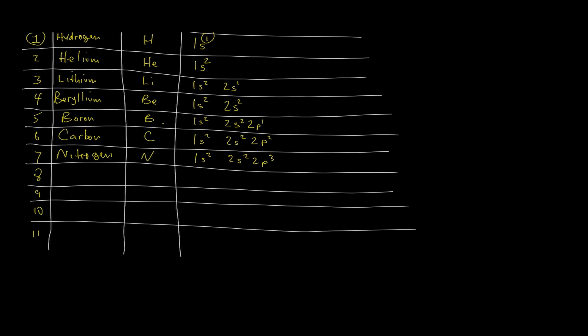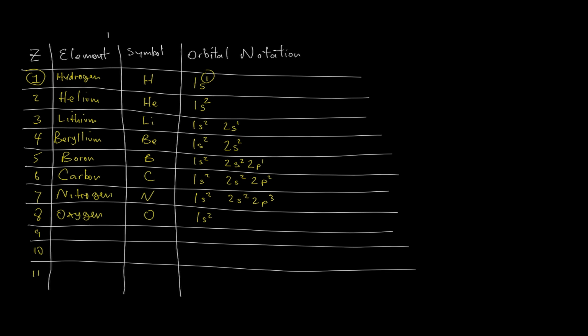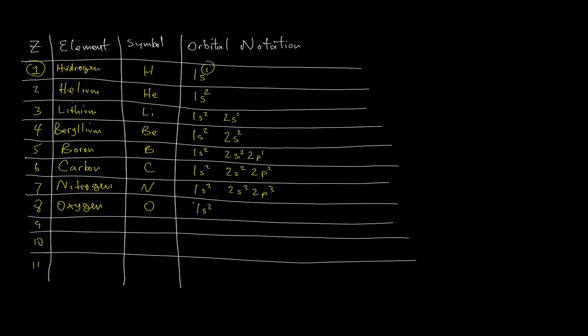Okay, so let's move on to 8, which is oxygen. Oxygen, symbol O, and as we've called it up here, the orbital notation is 1s squared, 2s squared, 2p, this can go up to 6, possibly, 4. 4 plus 2 is 8 for oxygen.